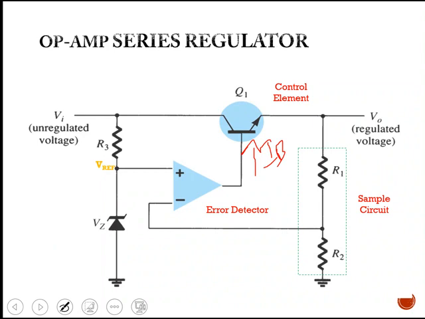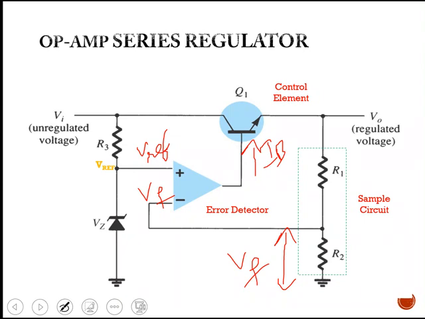What this base drive does is, it will try to maintain this V reference and the voltage across this R2 as almost the same. We will consider this voltage as VF. So this V reference and VF will be made almost the same. What is VF? VF is the voltage across R2.